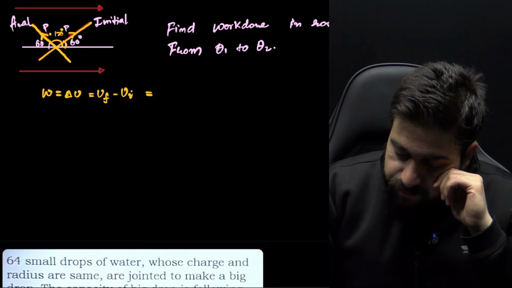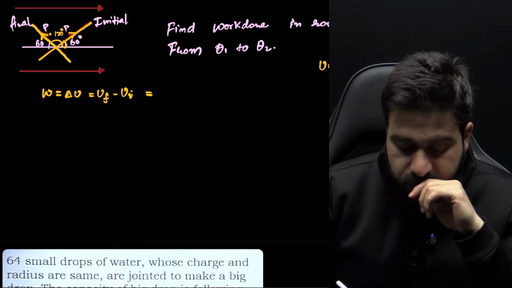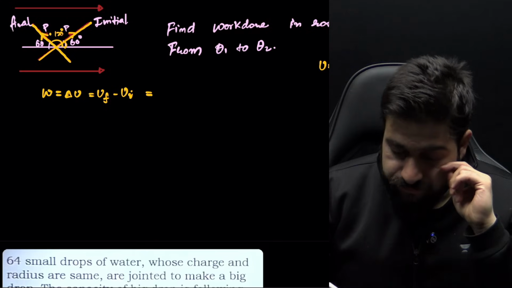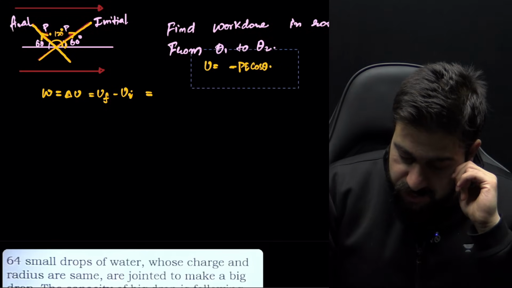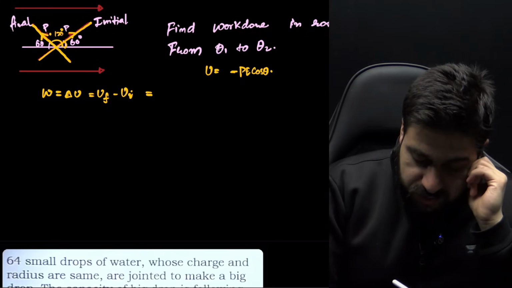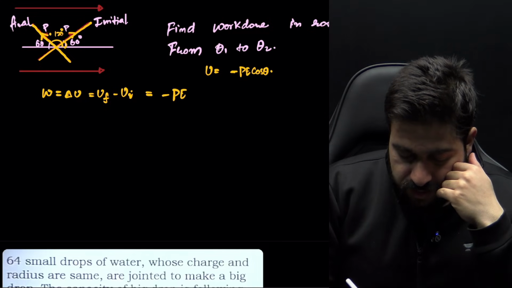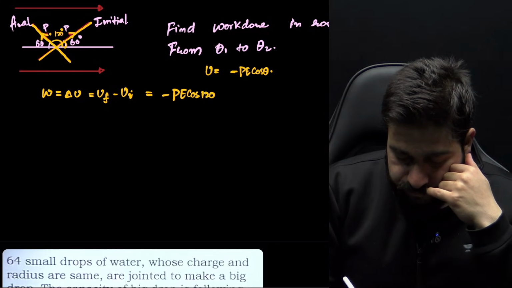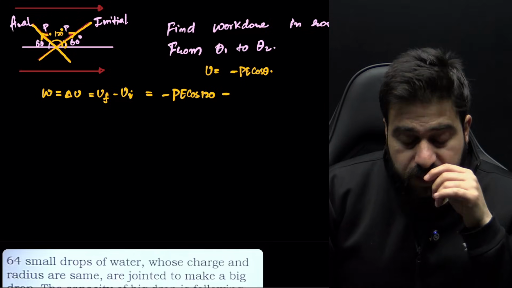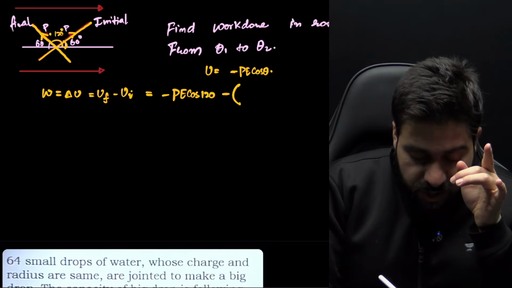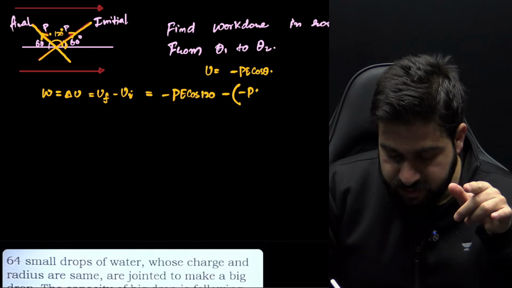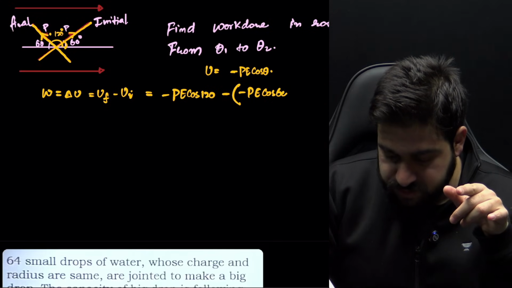That is minus PE cos theta. So final potential energy is minus PE cos of 120, minus initial potential energy. Initially how much angle? 60. Minus PE cos of 60.